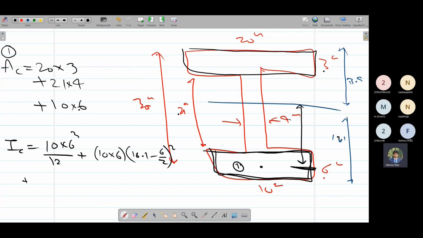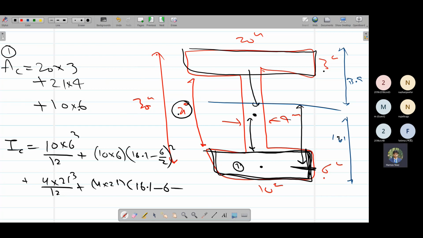For the middle one, 4 into 21 cube by 12 plus 4 into 21, and the distance from this centroid to the total centroid of the shape is 16.1 minus 6 minus half of 21, so 21 by 2 whole square.